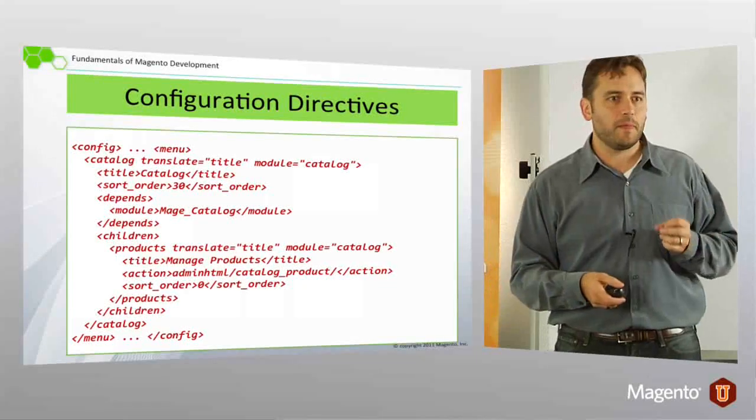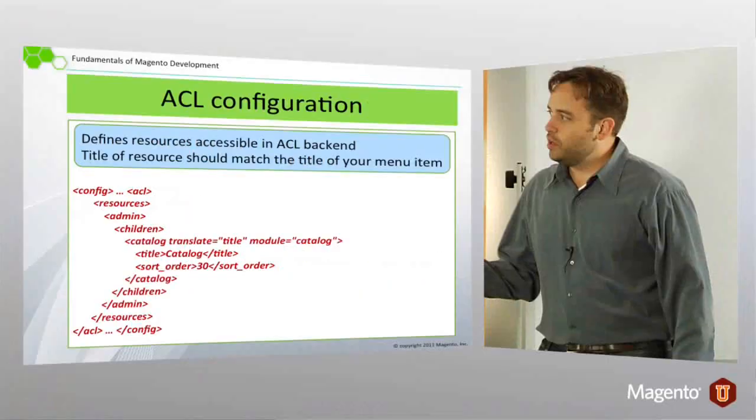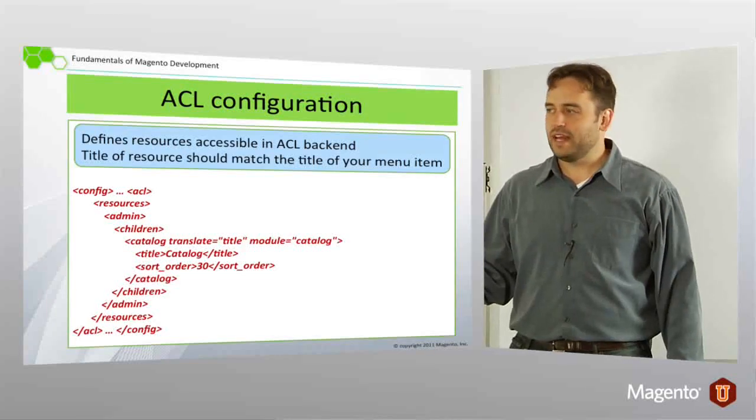Okay, make sense? So, okay, along with menu, under config we have ACL. And ACL, resources, admin. So this will always be the beginning of an ACL declaration. So children, catalog. That's the connection.